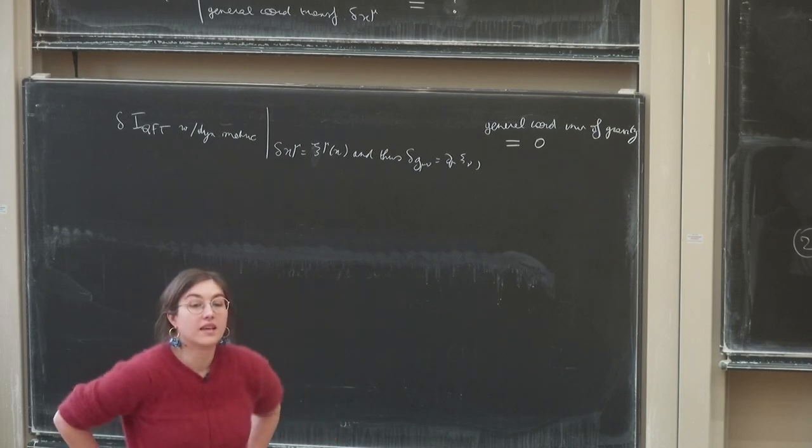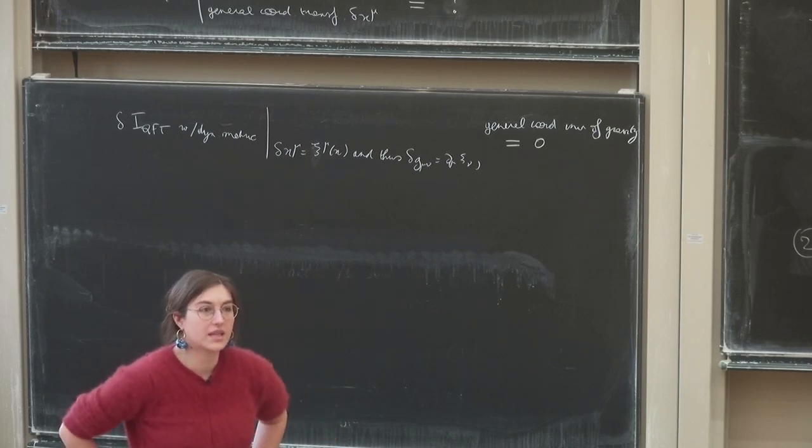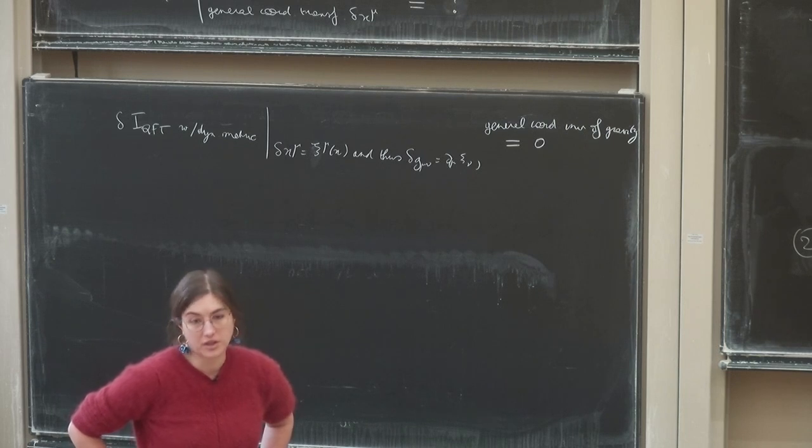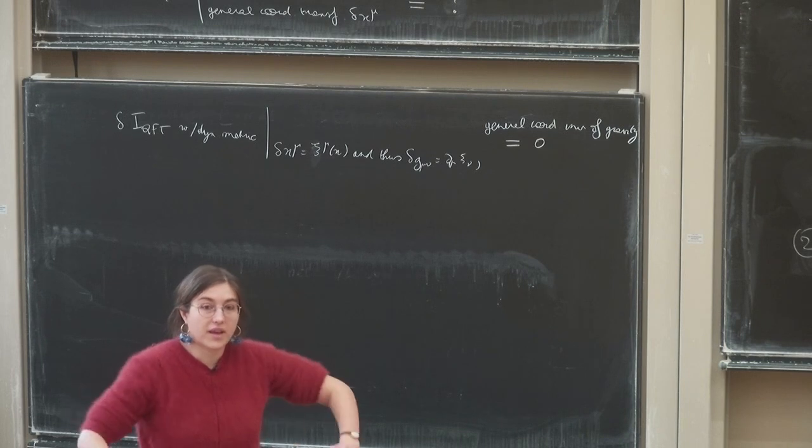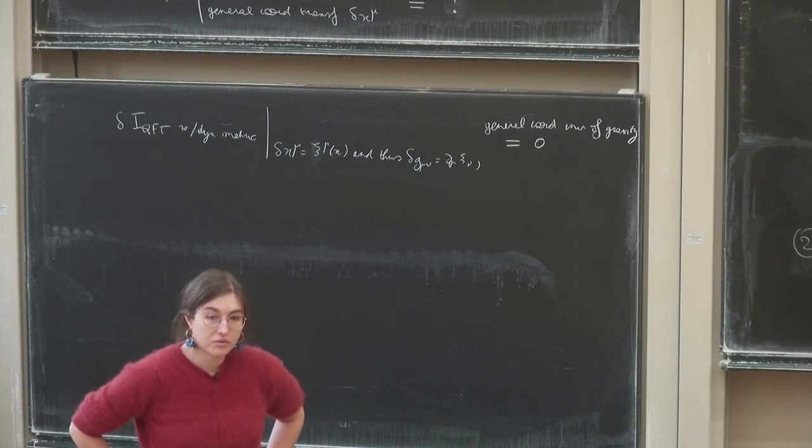Another way of saying that is that GR is invariant under active coordinate transformations. And this is what I mean by general coordinate invariance. What you are talking about is passive coordinate invariance.